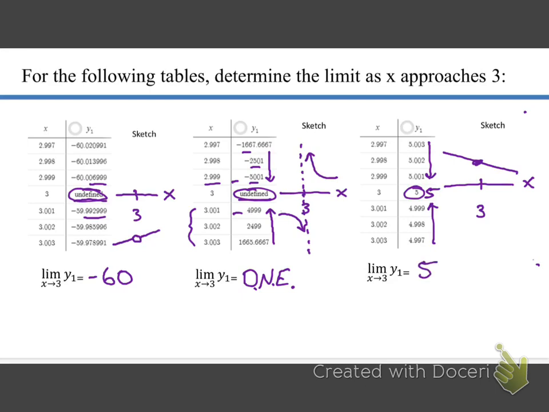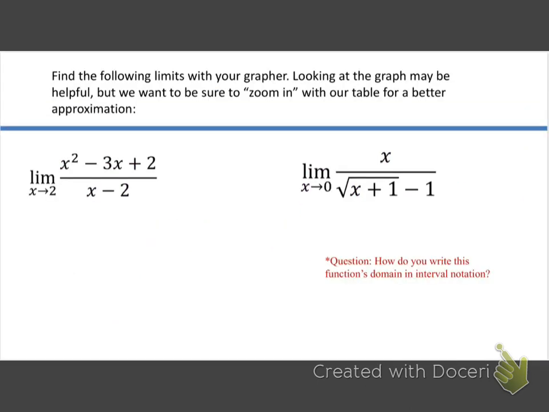And our limit is 5. And the function value is 5. So this is one that's confusing to students because they run into real conceptual issues when the function's defined there. The limit doesn't care if it's defined or not. It just says what seems like it should be there, whether it's there or not.